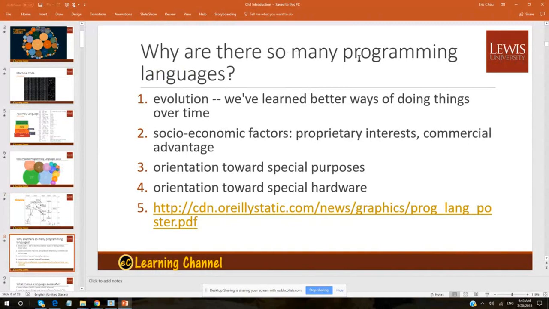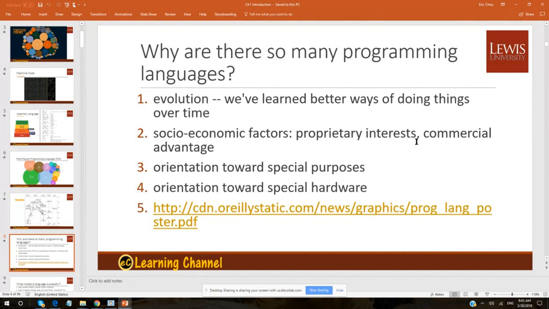So why are there so many languages? Number one, because of evolution. Second, social and economic factors. For example, proprietary interests. One good example is the language C#. C# is actually similar to Java, but it was developed primarily by Microsoft.